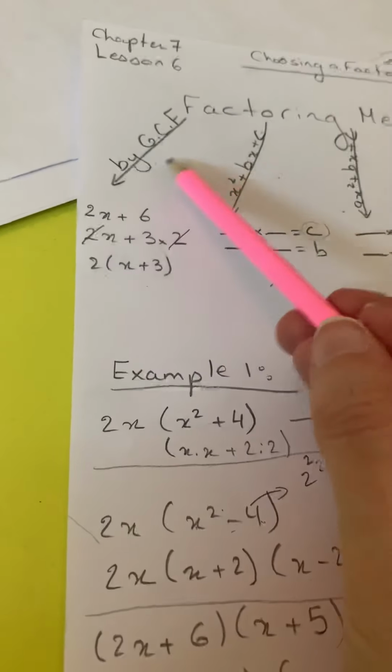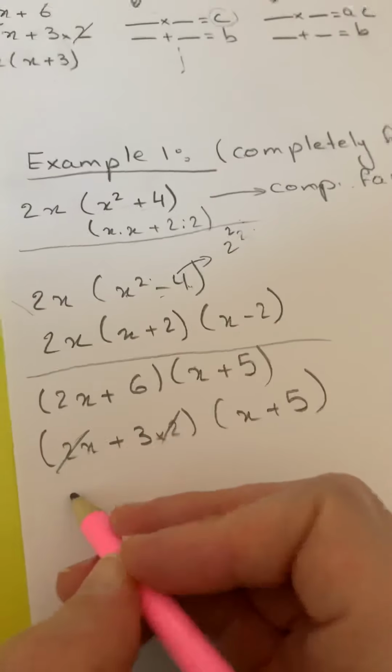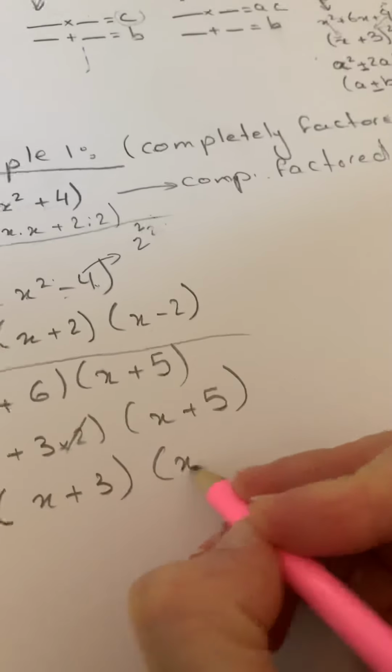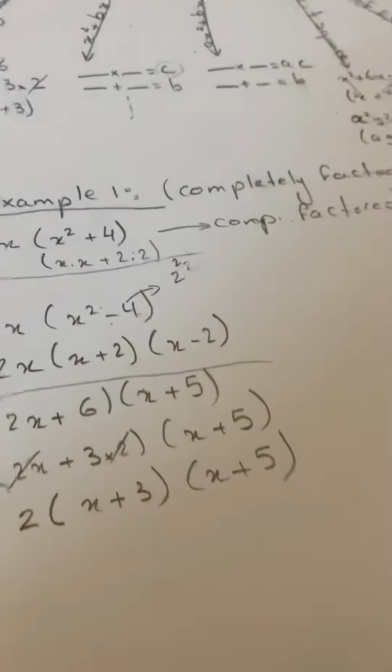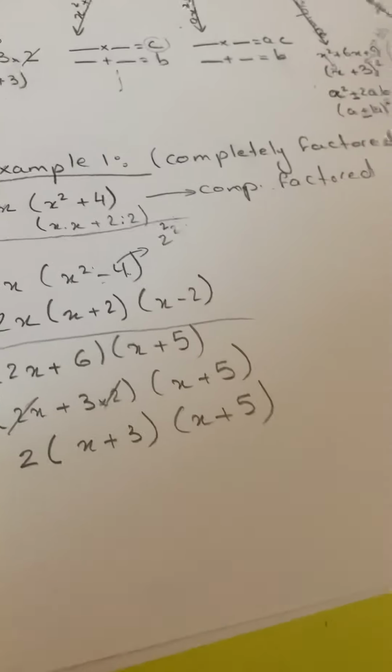So here you can use this way, GCF way, which is you take the common, which is 2, you put it outside, and the rest you put it inside. So by this, you continued factoring it. It wasn't completely factored.